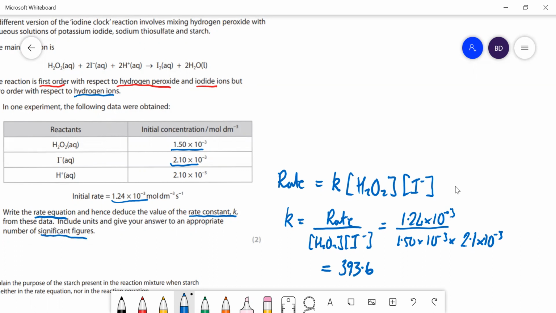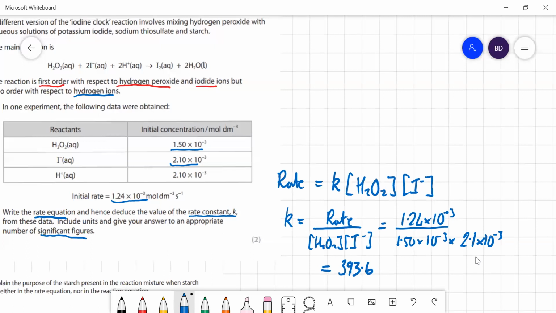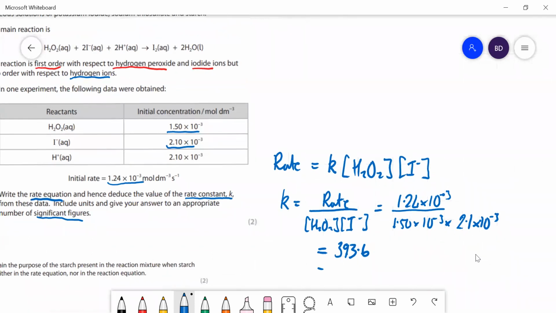All the data is given to 3 significant figures, so we should give ours to 3 significant figures. So that should be 394. And the units, let's think about that. The rate units are always mole per decimeter cubed per second.